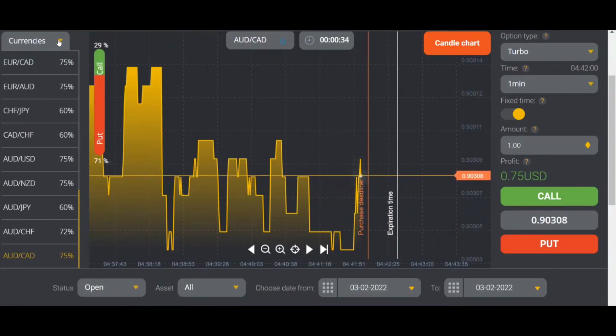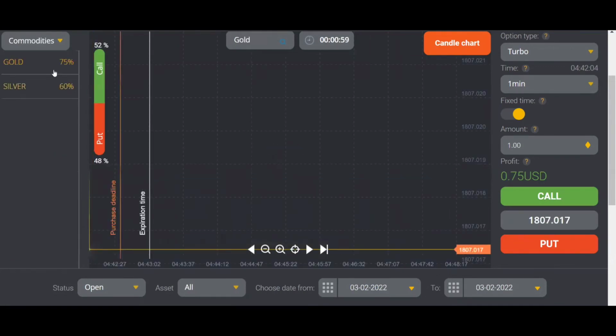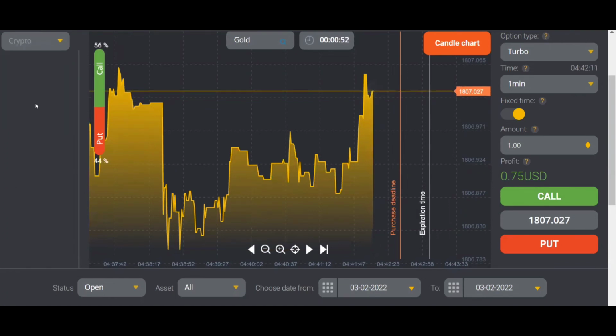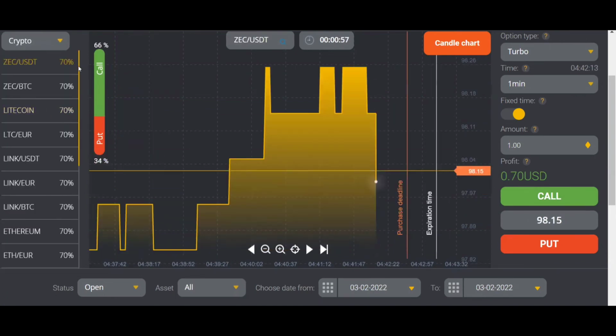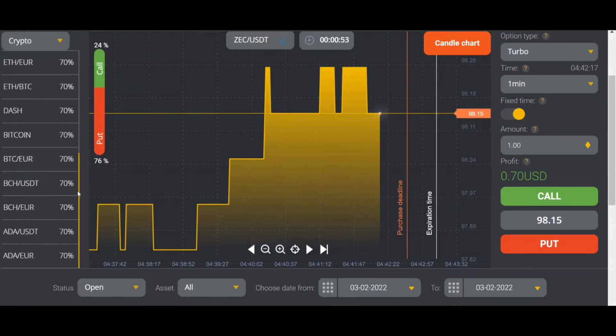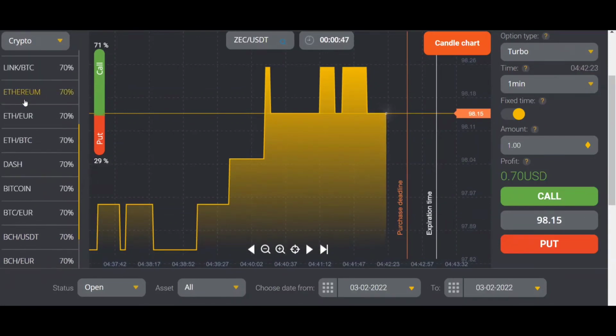So the other things you can trade are commodities. I mean, gold and silver. Okay. We have crypto. These are the different pairs of crypto. So like we have Bitcoin, we have Ethereum, we have Cardano, we have a few.